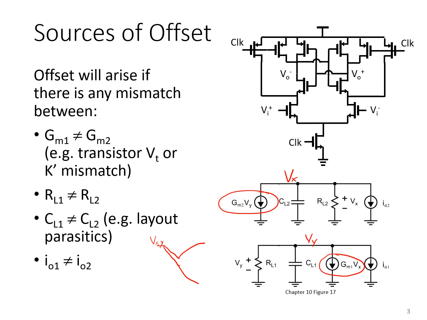But imagine that in this race to the bottom, one side is handicapped. So for example, that race is occurring because these load capacitors CL1 and CL2 are being discharged. What if one of those capacitors was a little larger than the other? Well, then obviously it would be discharged more slowly, all else being equal, and so that's going to give the other side an advantage in the race to the bottom.